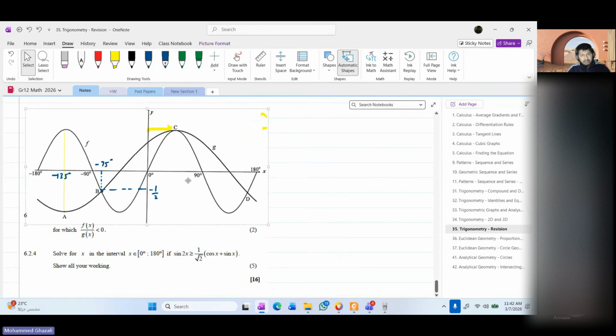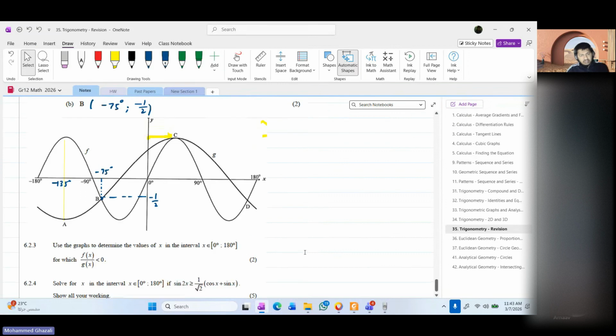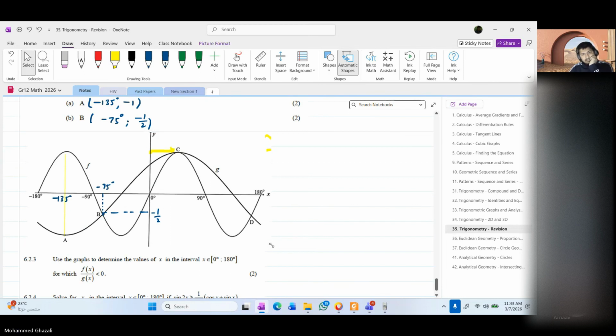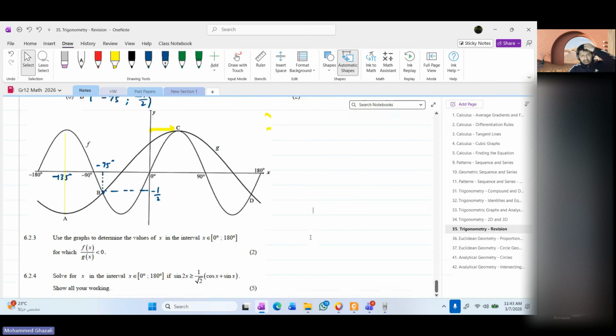So this is what I have. Use the graph to determine the values of x in the interval 0 to 180. So we are only looking on this side, right? 0 to 180. In the interval 0 to 180, where f of x over g of x is less than 0.